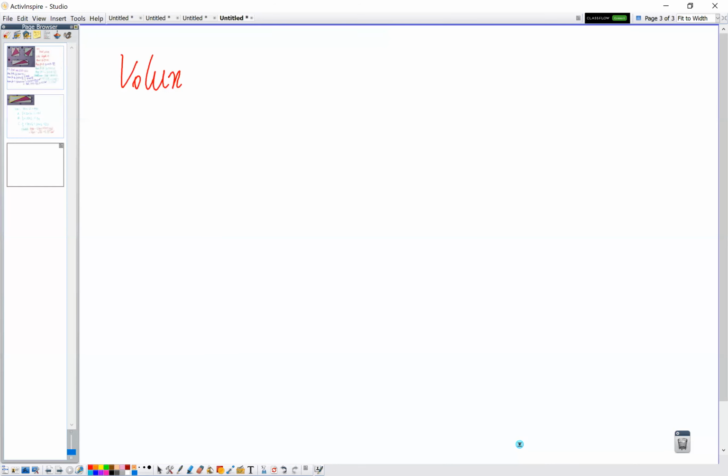Now look at the volume problems. First, we need to know what the volume formula is. If we want to find the volume formula, think about what we're going to do for that.